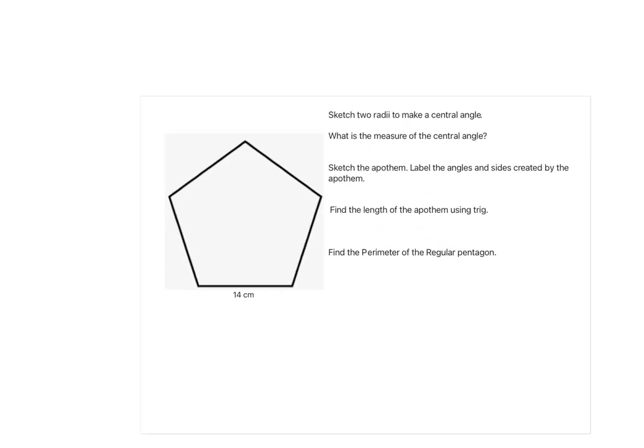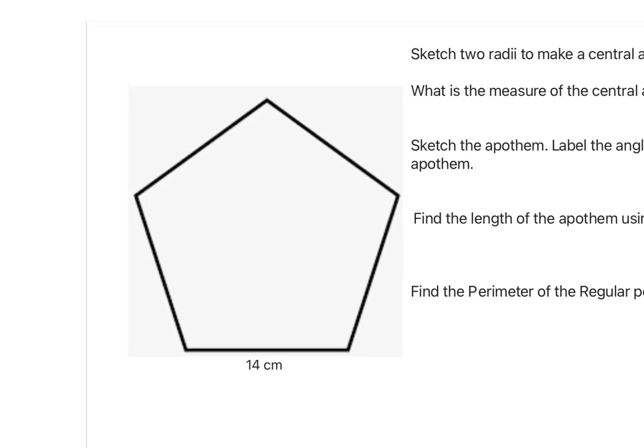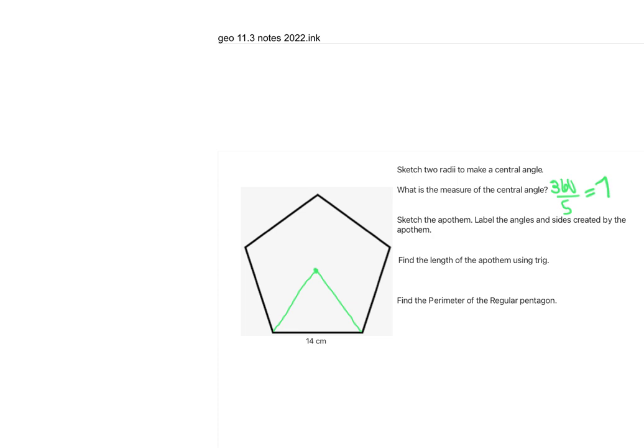All right, let's do a quick example of that again with a pentagon this time. We're going to make 2 radii to make a central angle. So here are my 2 radii going to the corners. And what is the measure of the central angle that I just made in green there? Well, it's going to be 360 divided by 5 this time, because the pentagon has 5 sides, which means the measure of each angle is going to be 72 degrees.